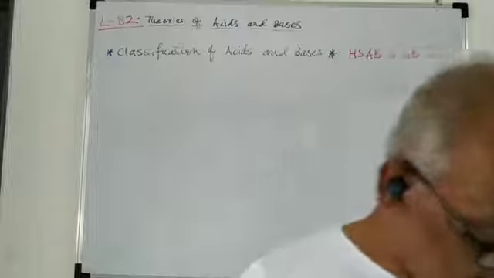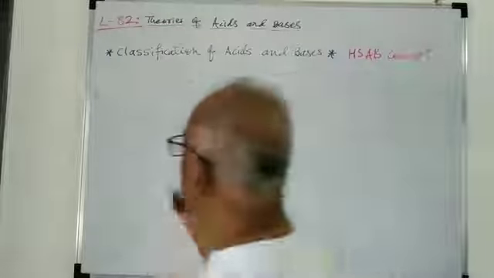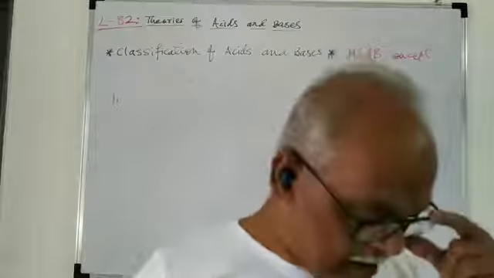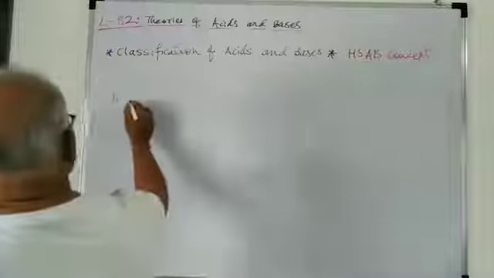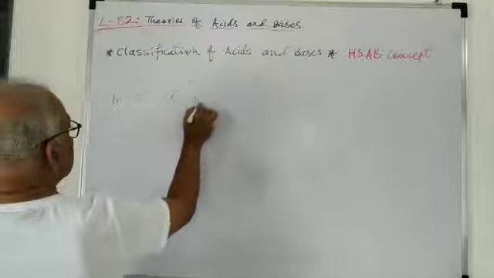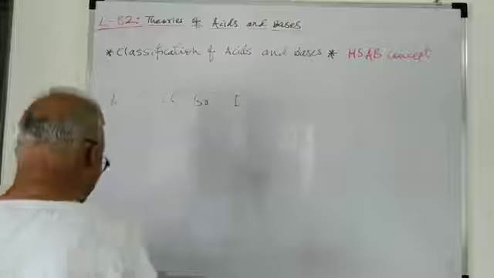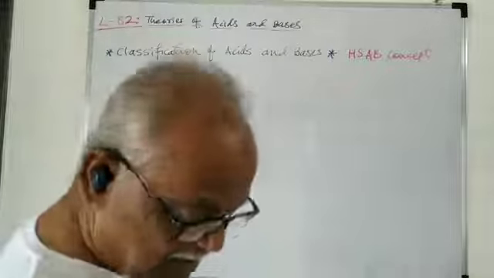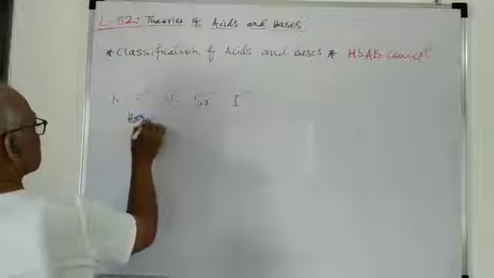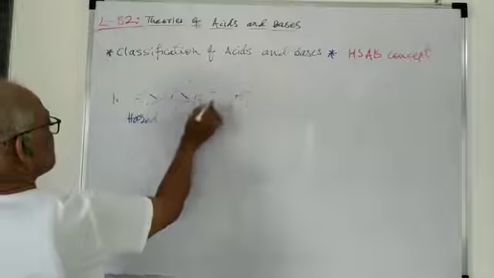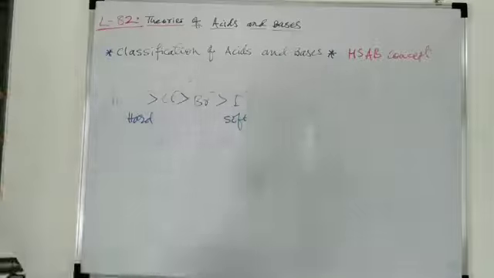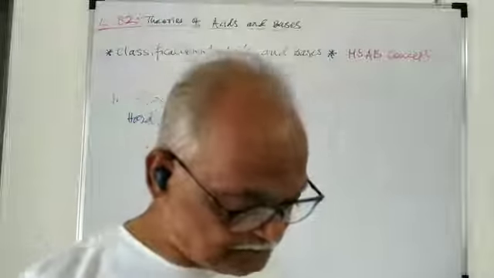So we will see the behavior. We have seen already that the halides have varying hardness, that is F minus, Cl minus, Br minus, I minus. So this is hard, and the hardness decreases, and in this case it is soft. I minus is a soft species.